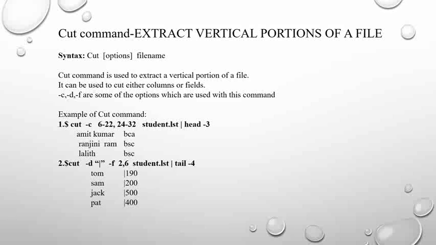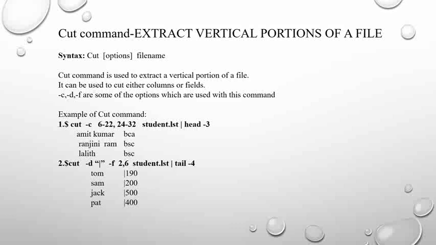It can be used to cut either columns or fields. Some of the options which you can use in the cut command are -c, -d and -f. So what is the purpose of these options? Hyphen c is used to cut columns.